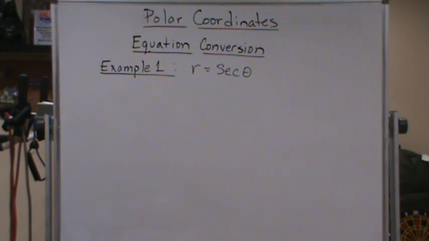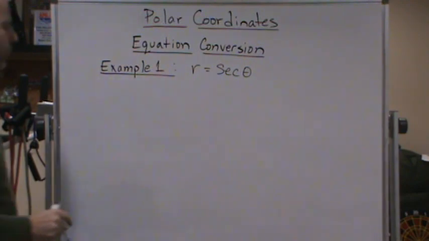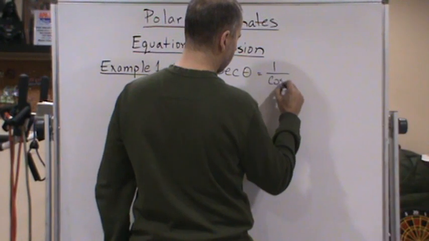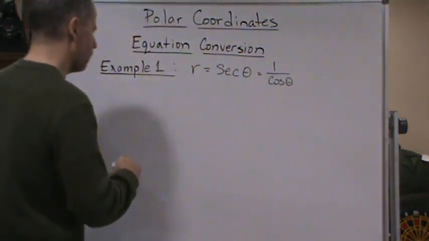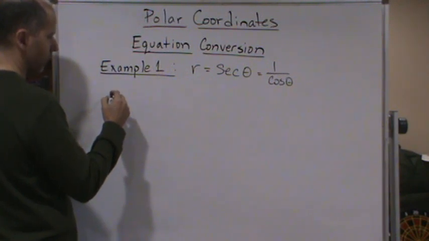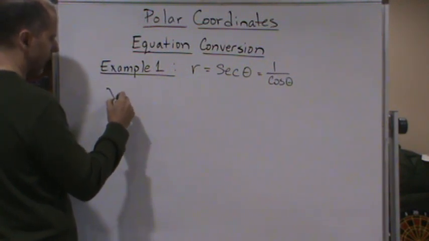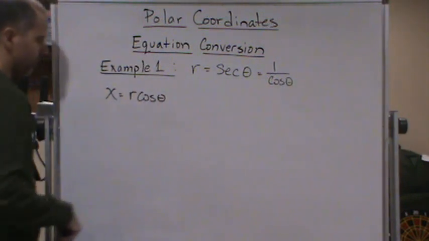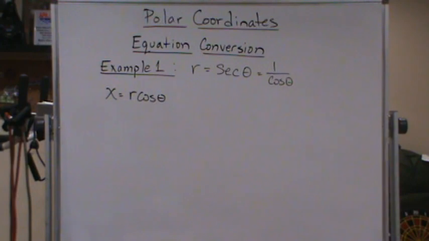So we're going to use the relationship of cosine, right? What we do notice here is that this is equal to 1 over cosine theta. So I'm going to use the relationship of x equal to r cosine theta.